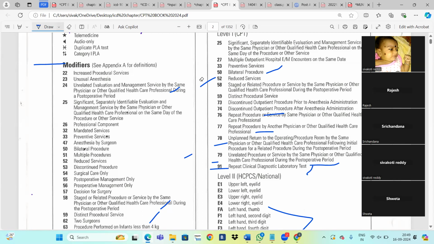Suppose for patient, they done one major procedure, like appendectomy, they perform. So after the procedure, after 5 to 10 days, that appendectomy site was swelling. For that swelling the patient came to the hospital. They done some workup or some treatment for that site. Then they leave the hospital.